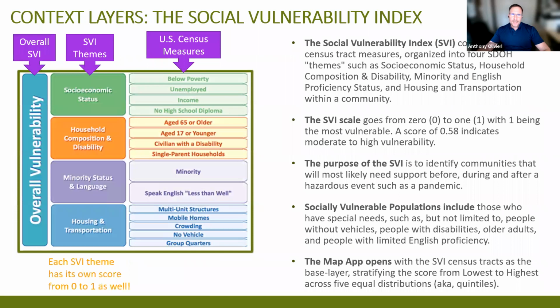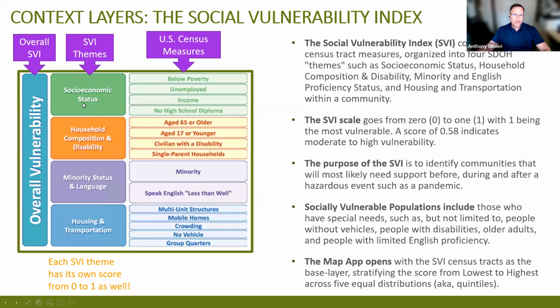So let's talk about the contextual layers, the social vulnerability index. It's quite a mouthful. I'll call it the SVI from this point on. The SVI comprises 4 themes: socioeconomic status, household composition and disability, minority status and language, housing and transportation.